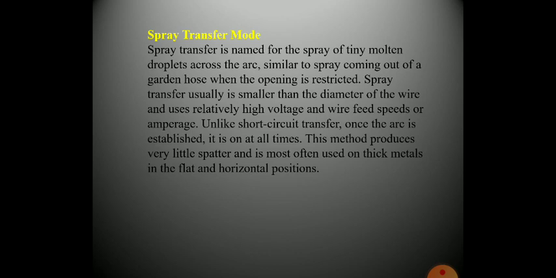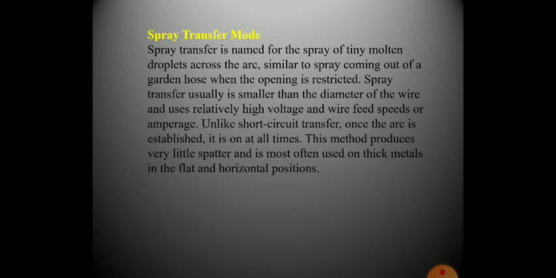The hose opening is restricted, and the sprayed droplets are usually smaller than the diameter of the wire, using relatively higher voltage and wire feed speed or amperage. Unlike short circuit transfer, once the arc is stabilized, it is on at all times. This method produces very little spatter and is most often used on thick metals in the flat and horizontal positions.